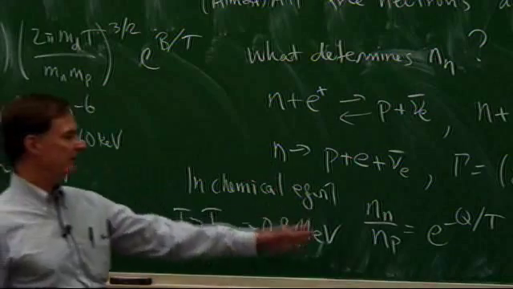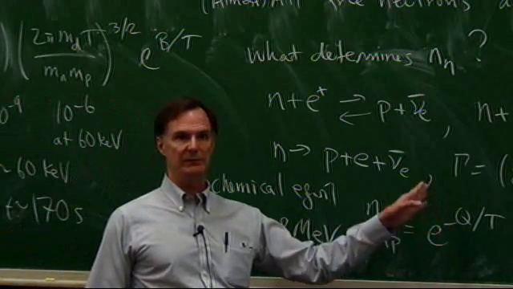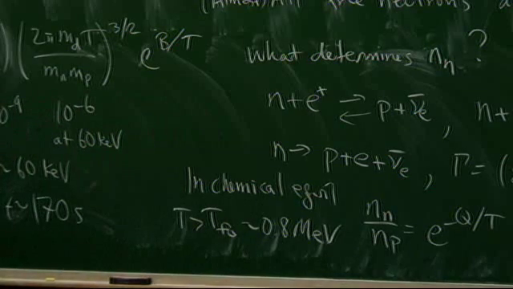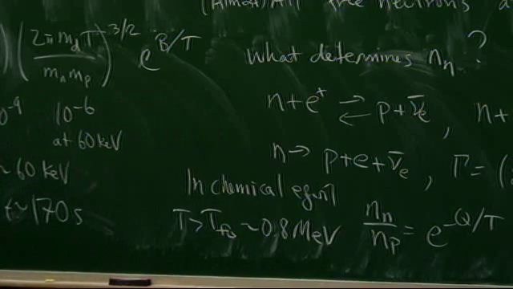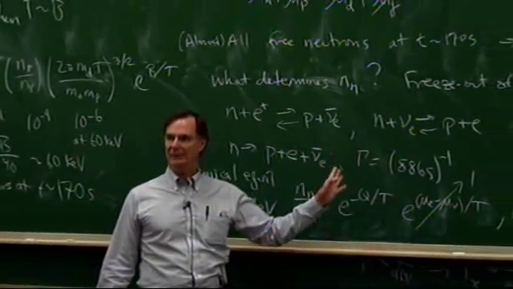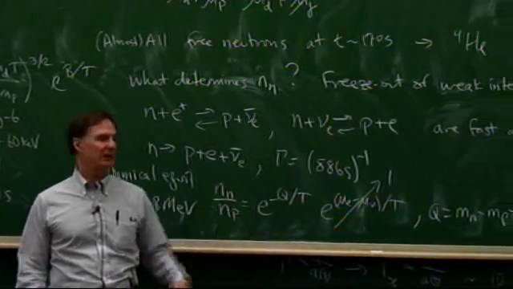So the neutron-proton ratio is fixed at e to the minus 1.3 over 0.8 after freeze-out of the weak interactions. Then it gets suppressed a little bit by the radioactive decay, the beta decay of the neutrons.